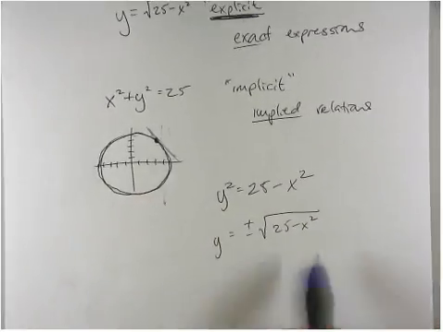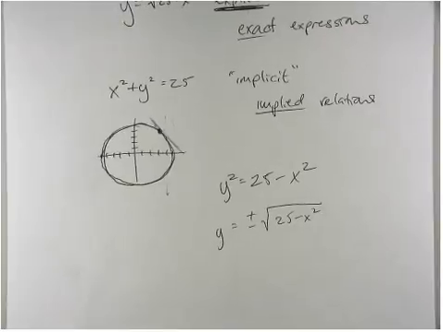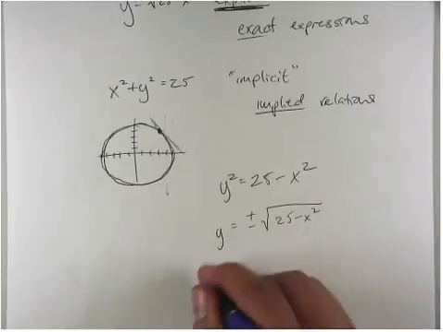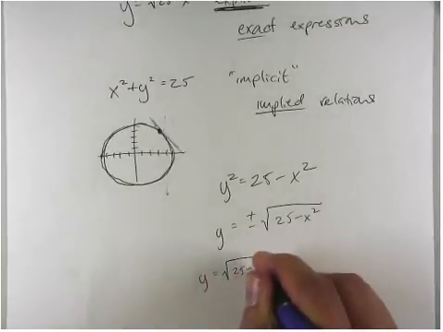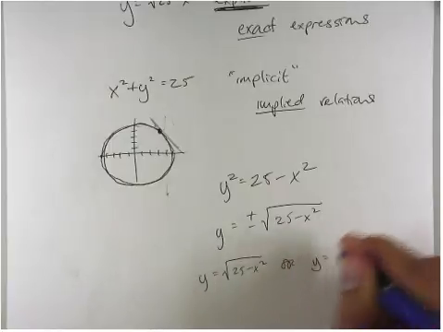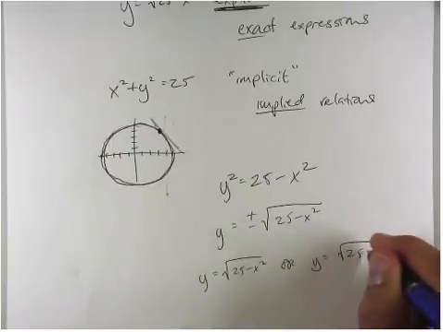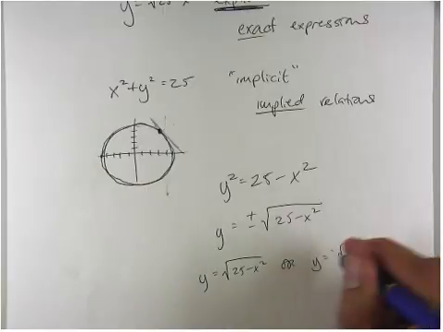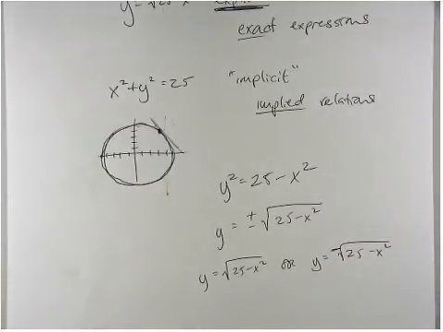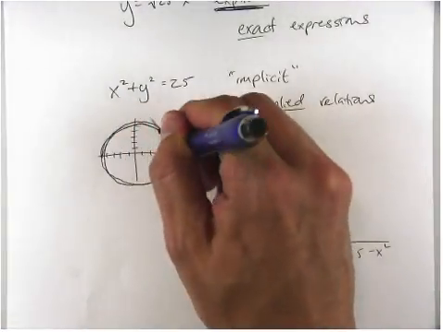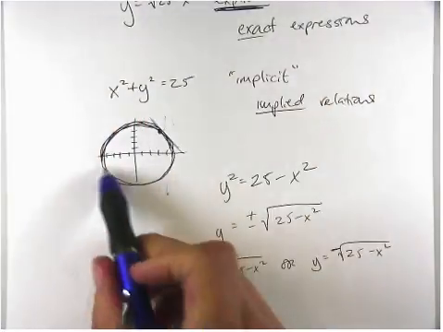That's really two different functions, right? This is y equals the square root of 25 minus x squared, or y is the negative square root of 25 minus x squared. That's two different functions. One of these is the top half of the circle, and the other one is the bottom half of the circle.